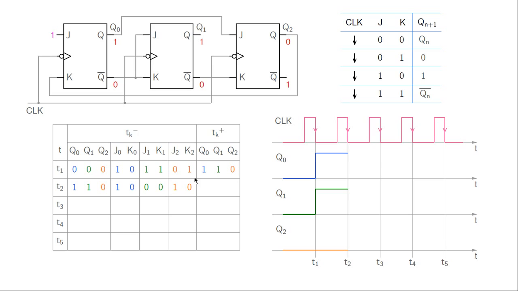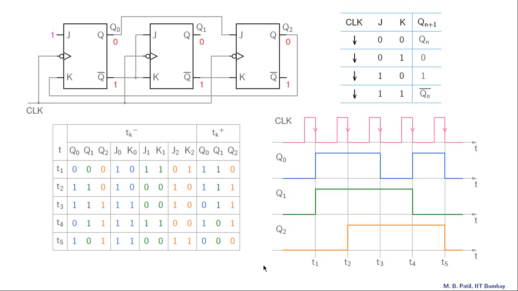At t2 we have these same values here, 1, 1, 0. We are talking about t2 minus now. Note that minus there. And once again we can figure out what J0, K0 are at tk minus, and so on. And then go ahead and predict Q0, Q1, Q2 at t2 plus, etc. So we keep following this procedure, and then we have the complete waveforms.